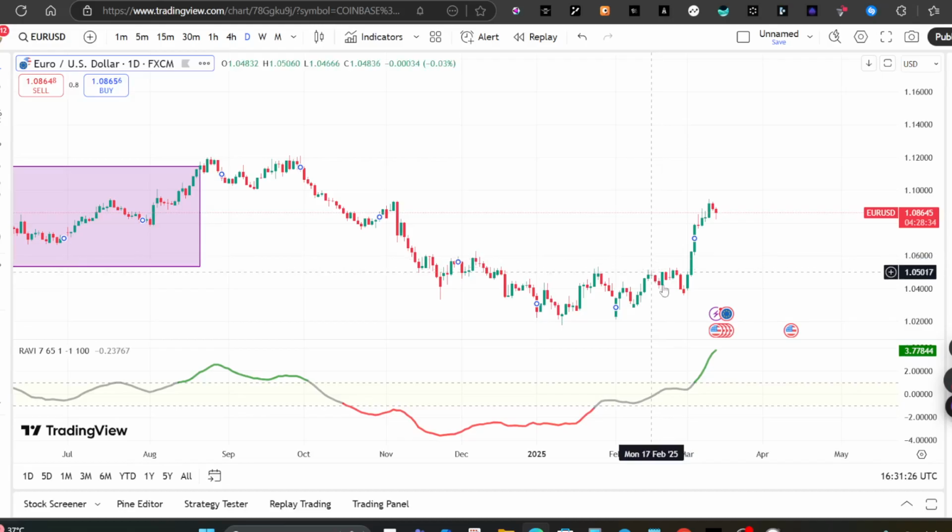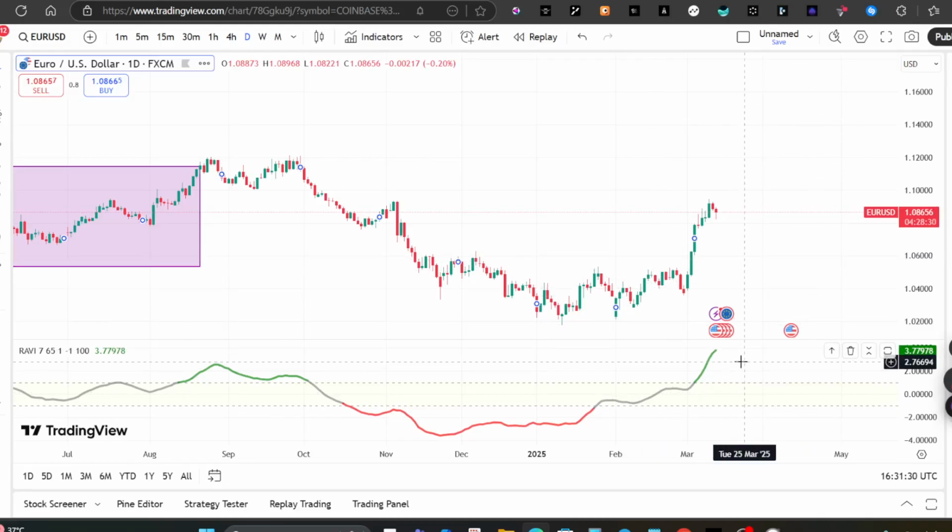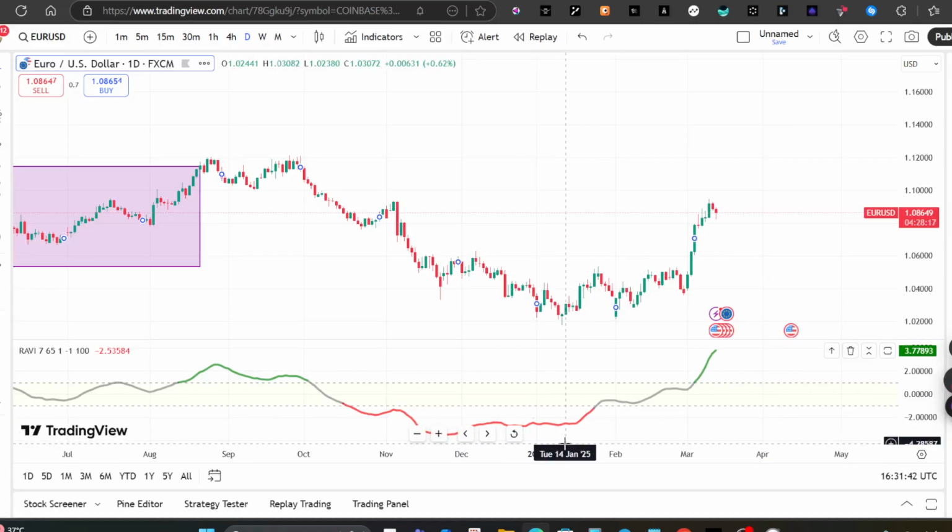If the index shows a high reading, that typically means the price is moving strongly within the established range, confirming the validity of the range. But if the index shows a low reading, it suggests that the price action is weak within the range, which could be a sign that the market is preparing for a breakout or a reversal.